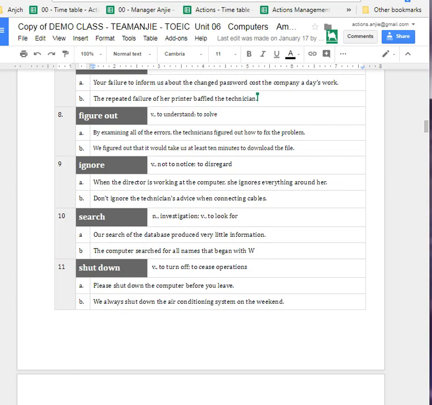Next word is figure out. Figure out, verb, it's to understand or to solve. An example is by examining all of the errors, the technicians figured out how to fix the problem. And another example is we figured out that it would take us at least 10 minutes to download the file.